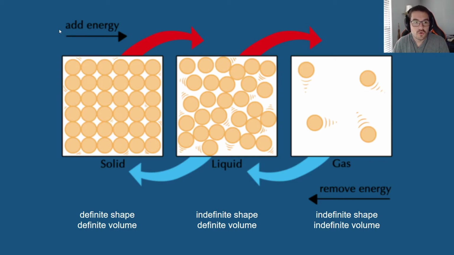What you're doing is you're transferring some of that energy, whether it be thermal or otherwise, into the particles, right? So the particles are able to absorb that energy, and in this case right here, this red arrow would represent melting, right?